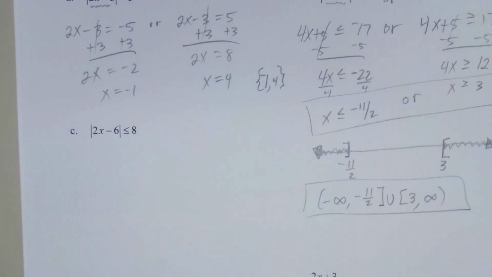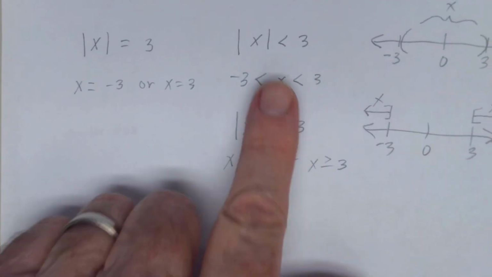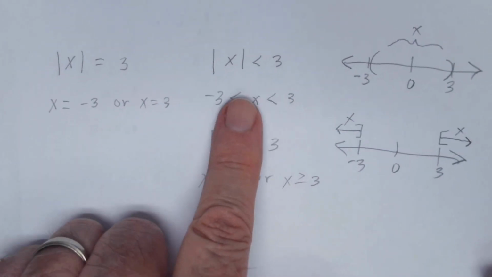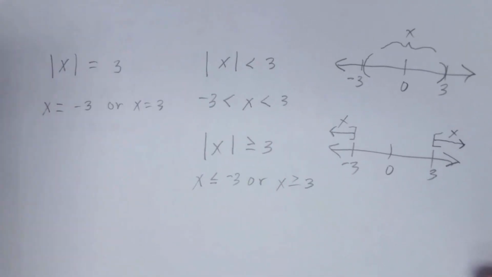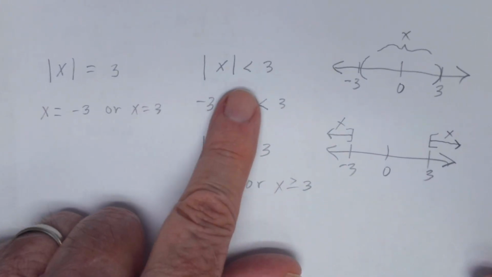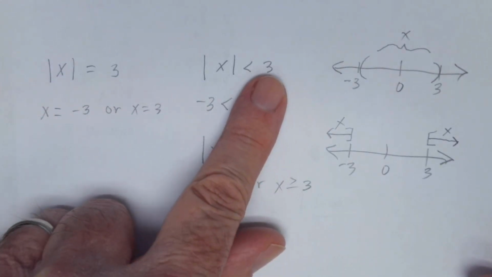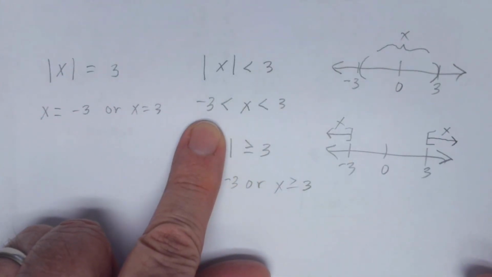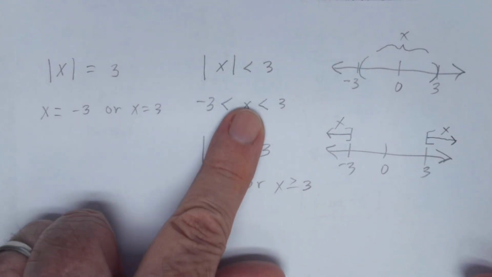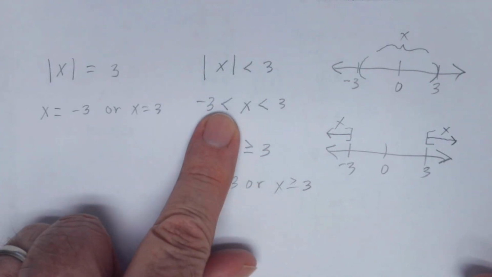If we go back to what we looked at before, remember with the AND case, I call it the between case. You end up putting x between 3 and the opposite of 3. Because there's no equal symbol here, there won't be equal symbols on these.